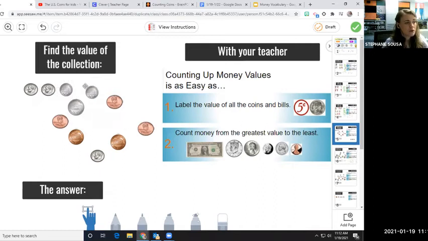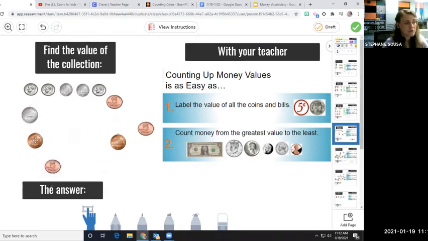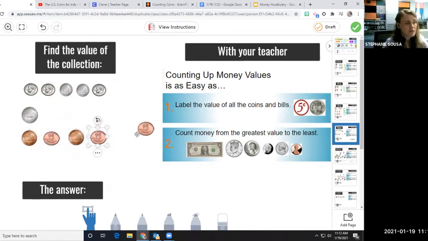You'll also notice that you have dimes that are on the heads and the tails. Okay, so some of your dimes look a little bit different than you might be used to, along with your pennies. Some of these pennies show the heads side. Some of these pennies show the tails side.